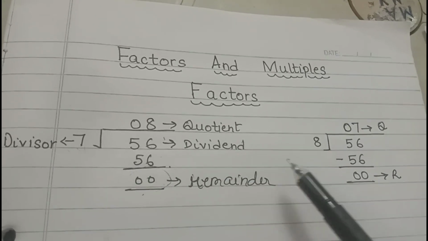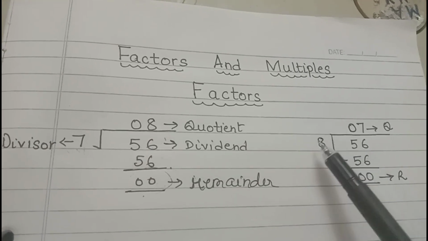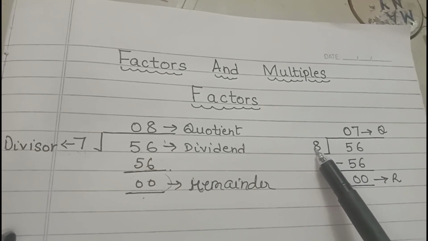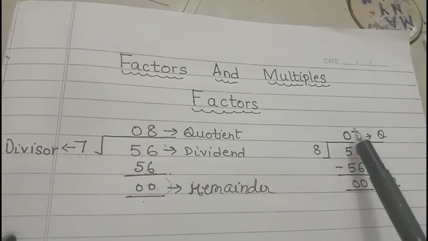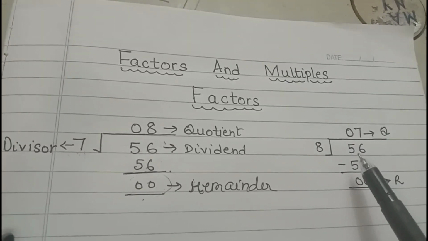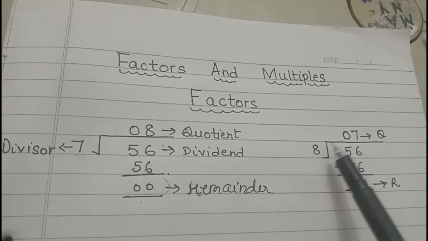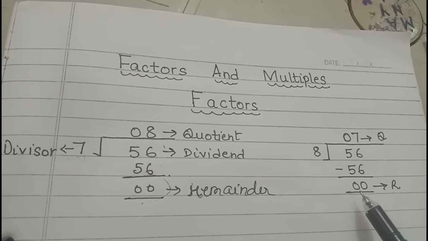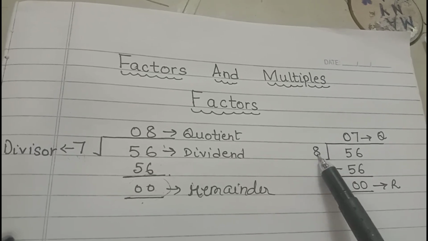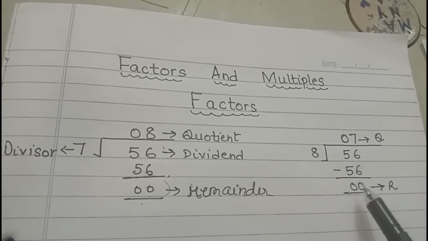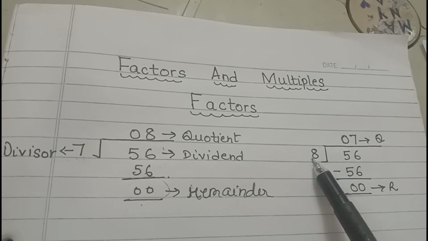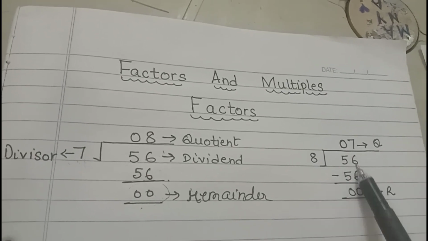Now if you do it vice versa, that means you make the quotient the divisor and the divisor becomes the quotient. 8 sevens are 56. So 8 is also dividing 56 without leaving any remainder. That means 8 is also dividing 56 completely. So 8 is also a factor of 56.